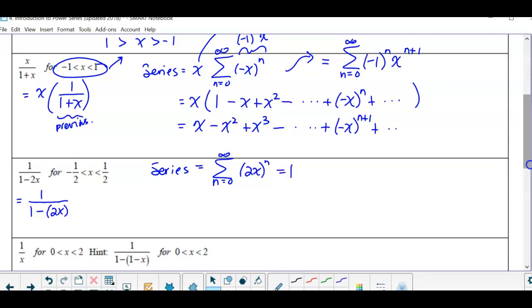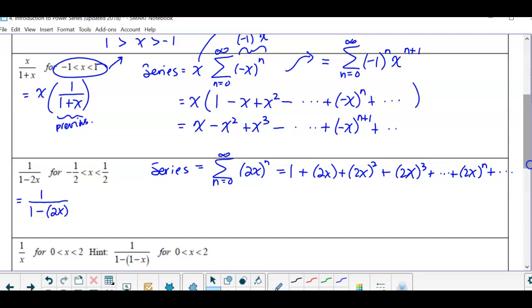Okay, so it's going to be 1 plus 2x plus (2x) squared plus (2x) cubed. Okay, and then you can simplify that.